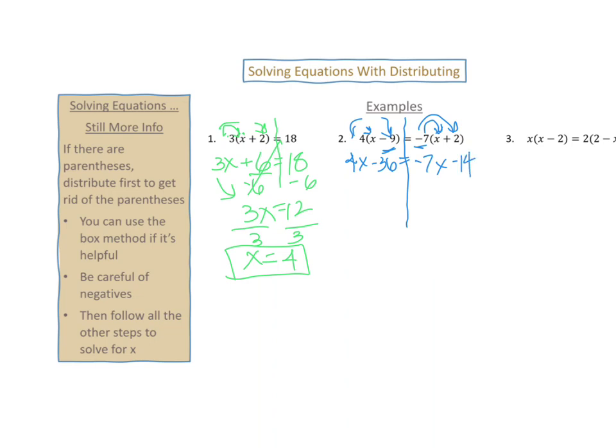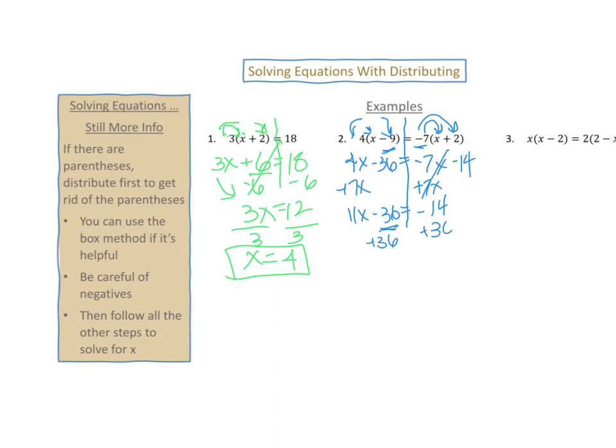All right. First, I would add 7x to each side, and I would get 11x minus 36 equals, since this has gone away, negative 14. Now I've got to do something about this negative 36, and the opposite of negative 36 is plus 36.